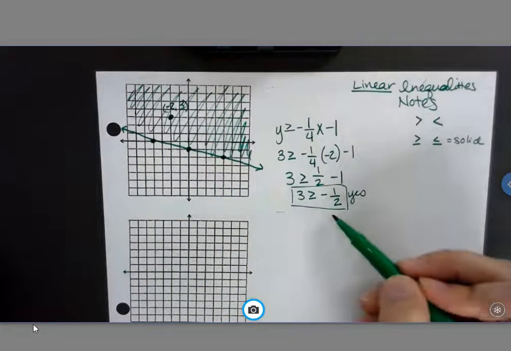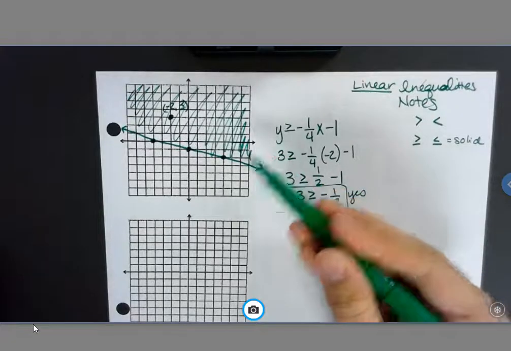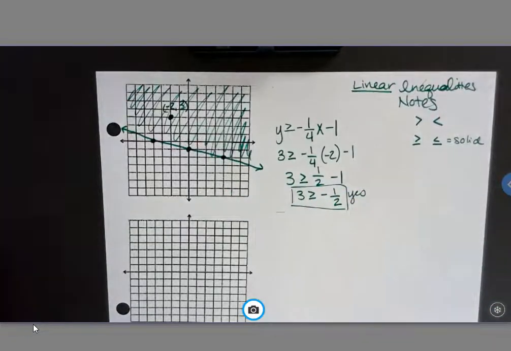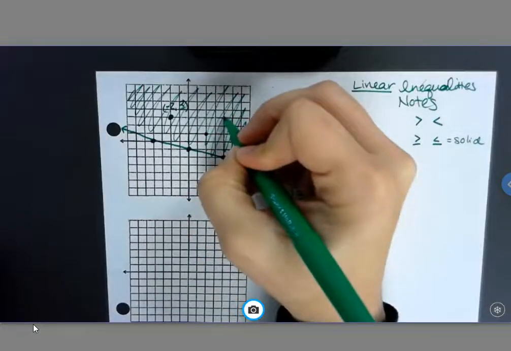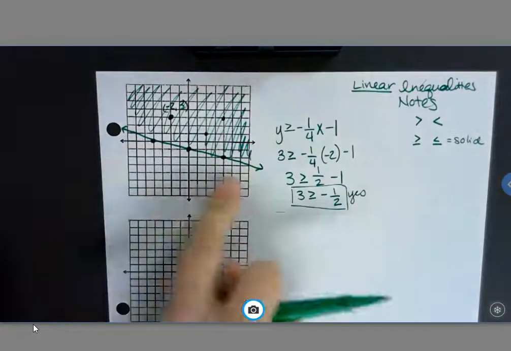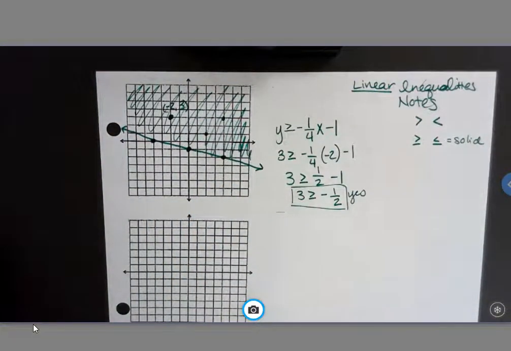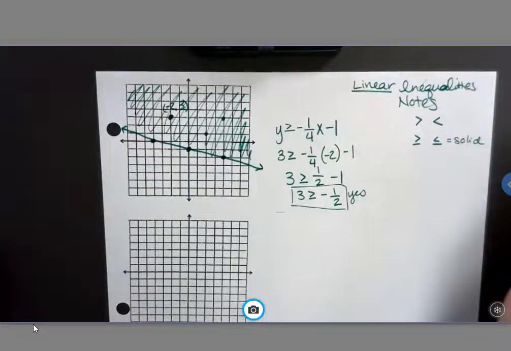If this would have come out and been not true, we would have shaded on the other side of the line. So all of these points in here are possible solutions to this inequality. We can plug any of those points in and it'll work. The left side will be greater than or equal to the right side.